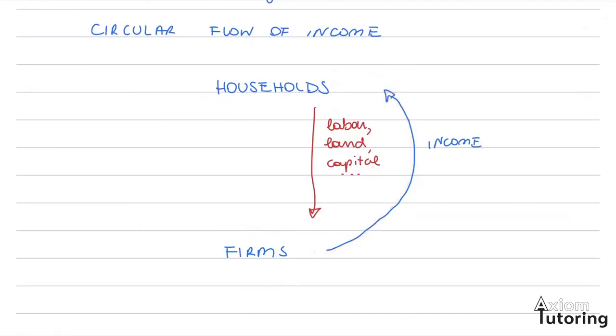Now that households have income, how do they spend it? Well, of course, they're going to spend it and give the money back to the firms. So this is the expenditure side. Thanks to the fact that they're going to be able to purchase goods and services here.